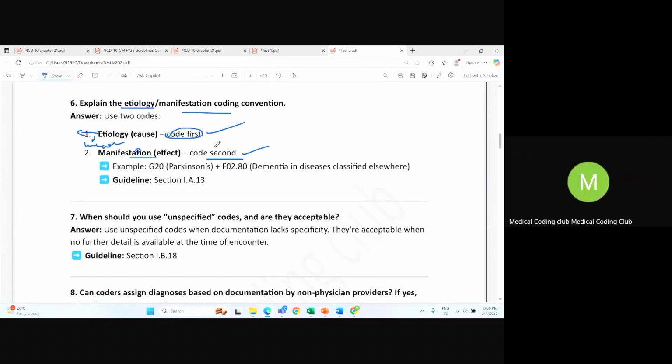For example, as we discussed, G20 and dementia. Which one should be coded first? G20, Parkinson's disease, is the etiology. It should be coded first. F02.80 is a manifestation. This should be coded as a secondary diagnosis.